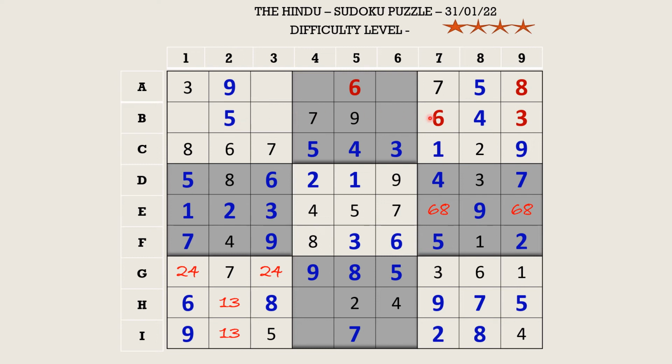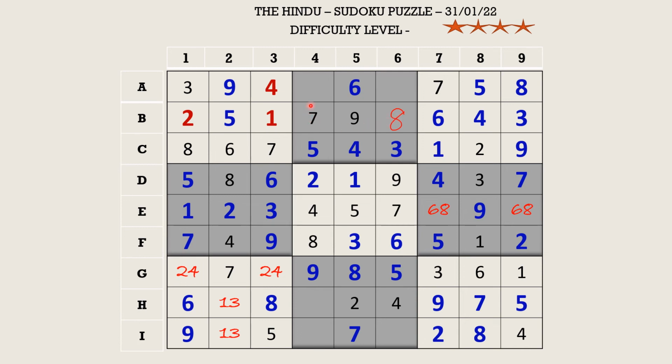There is a 4 here in B row which blocks these 2 cells, so A3 takes 4. The missing numbers are 1 and 2. There is a 1 in column 1 which is blocking this cell, so B1 takes 2 and B3 takes 1. The only missing number in row B is 8.